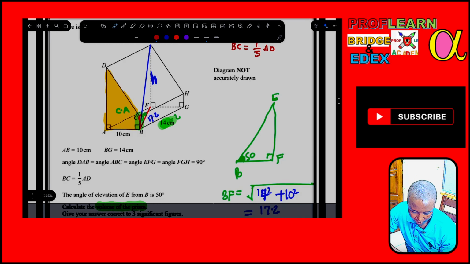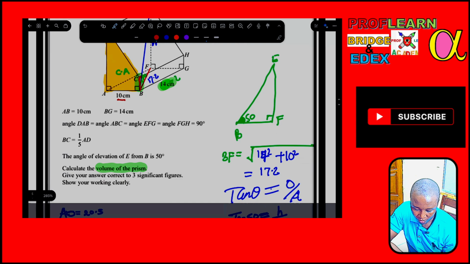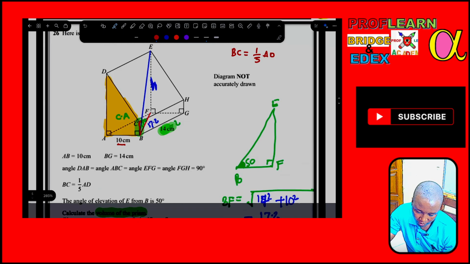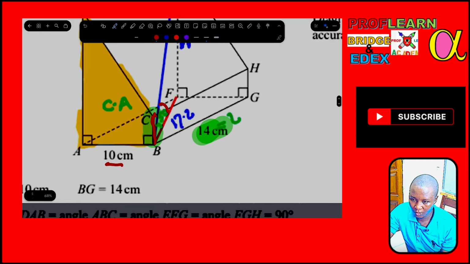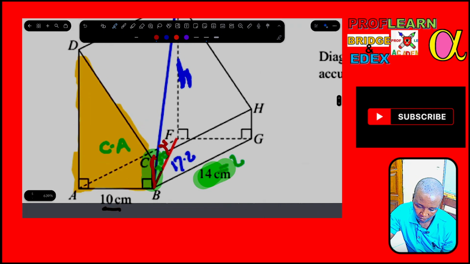AB is 10 centimeters. And then we also have which information? Angle of elevation of E from B is 50 degrees. So this angle here is 50 degrees. So if that is 50, how is it going to help us really?